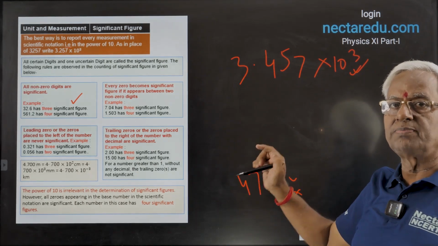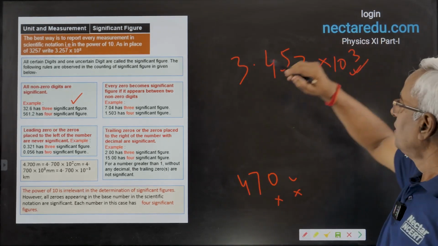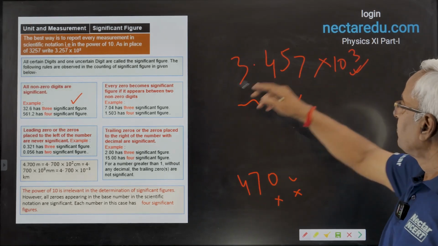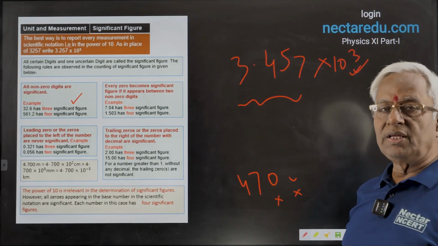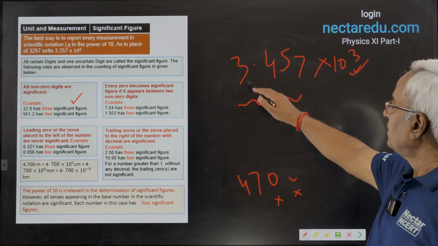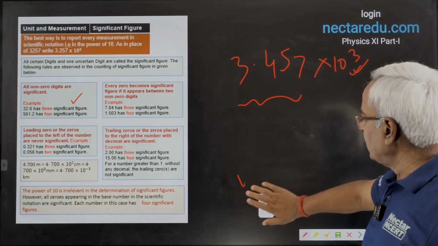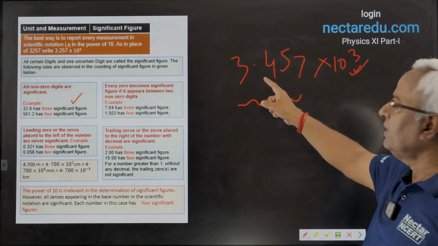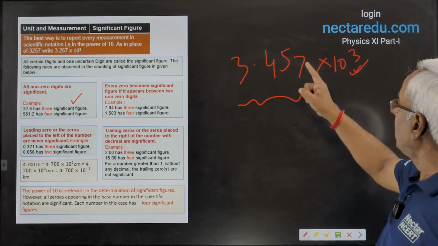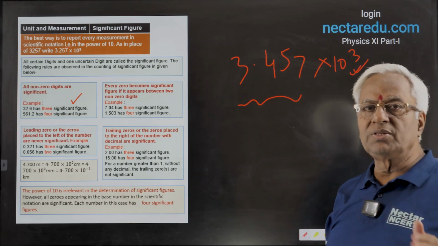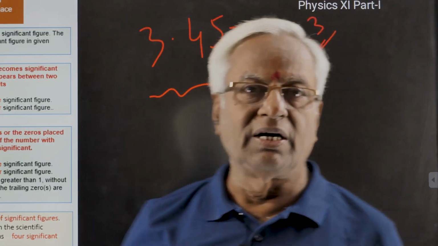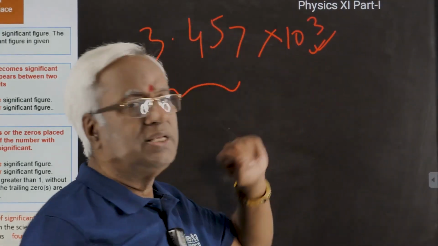While counting SF, you need not bother about this. The only thing that matters is the base number. In the base number, the digits would be counted as SF. So how many SF are there in this reading? There are 4 SF.